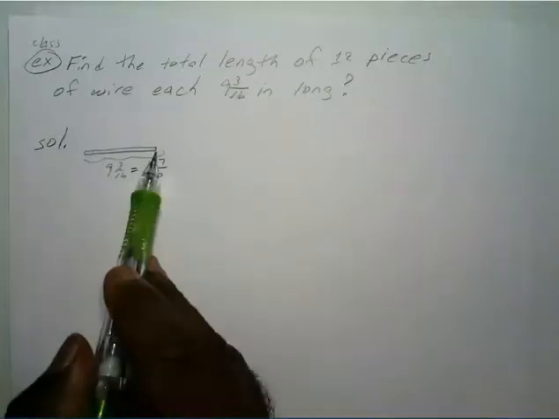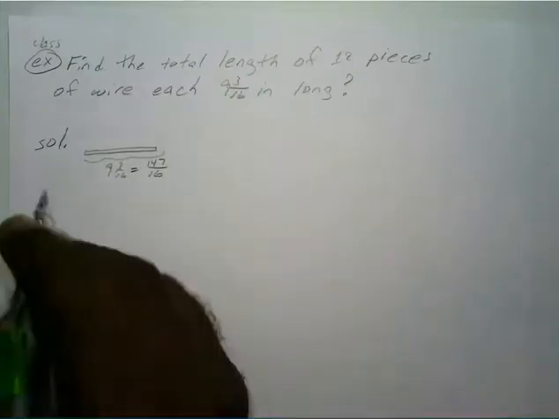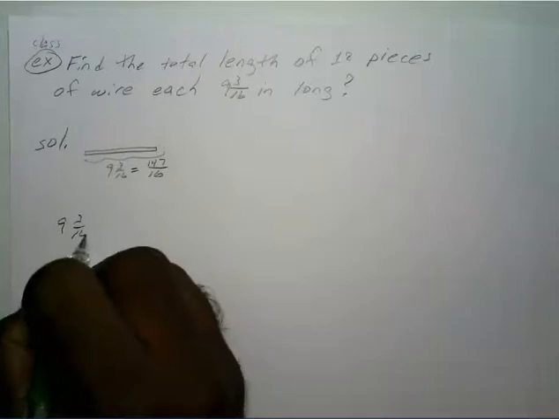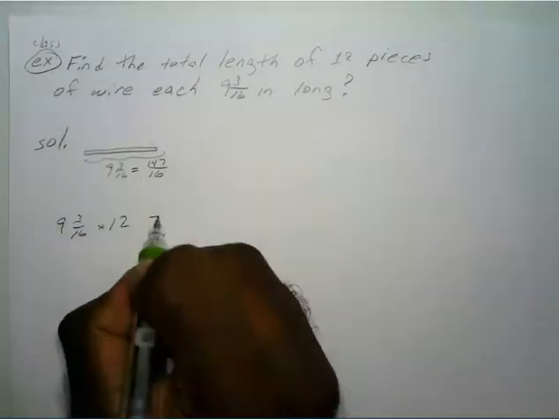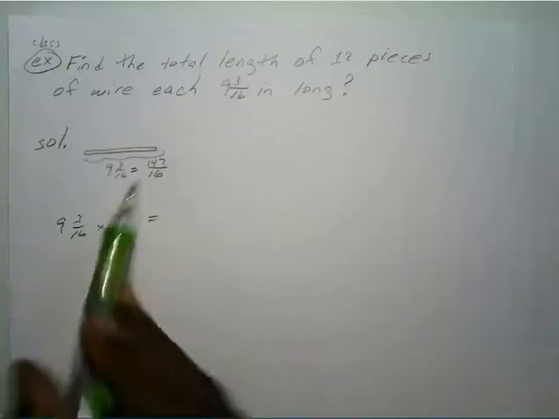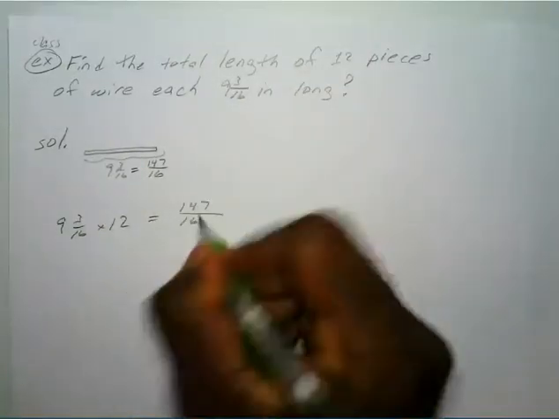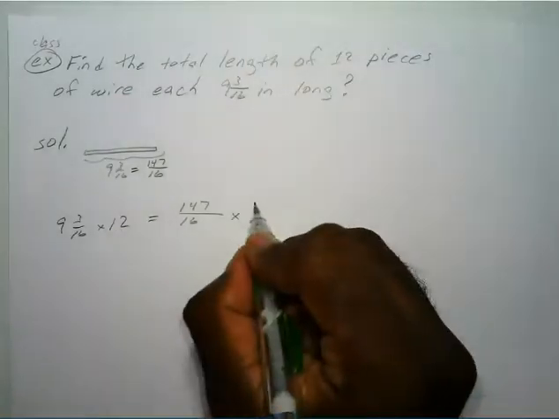We need 12 of those, which means we multiply this length by 12. So we have 9 3/16 times 12, which is equal to, since we converted to an improper fraction, 147/16 times, and instead of 12, we're going to make that 12/1.